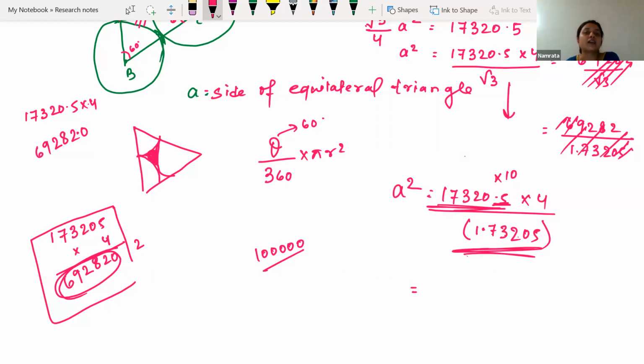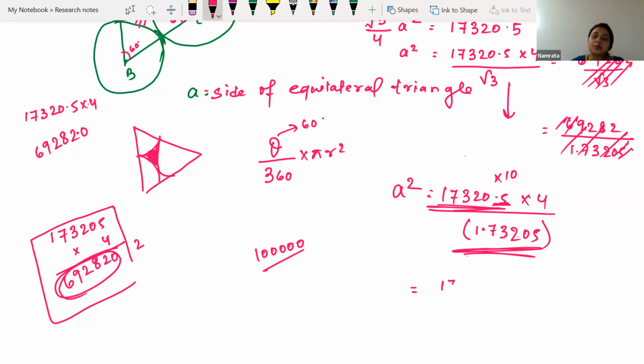So we will take that number so that both decimals get removed. We will multiply numerator and denominator by the same number, that is 1 lakh. And this is allowed in mathematics, right? You can take a single number and multiply it in the numerator and denominator of a fraction.